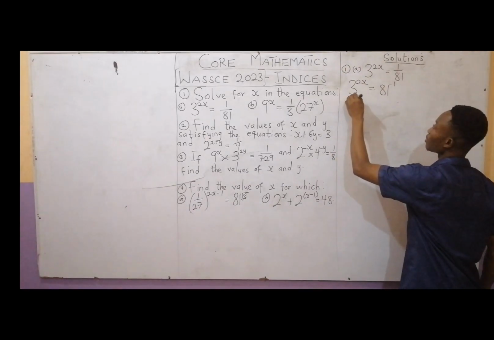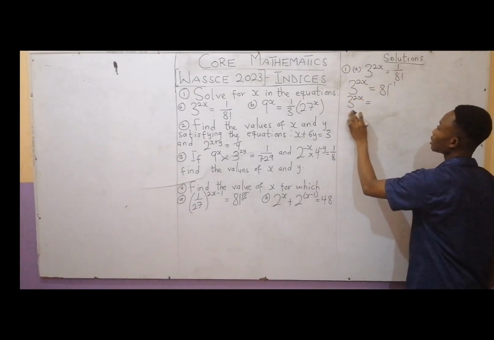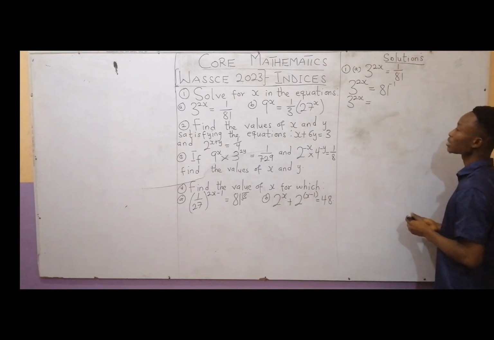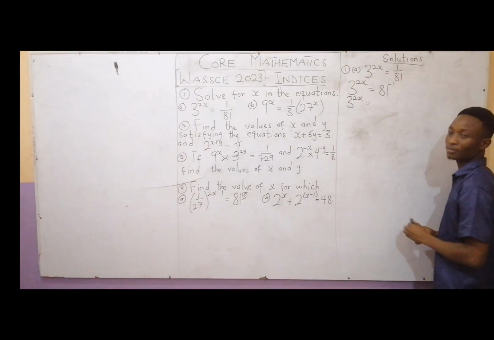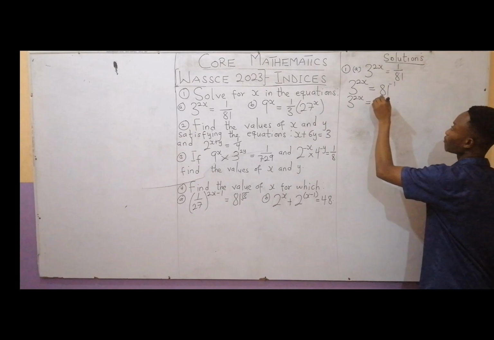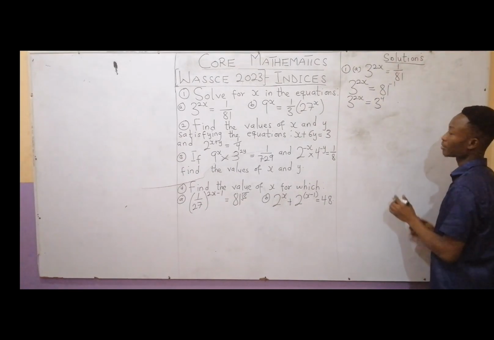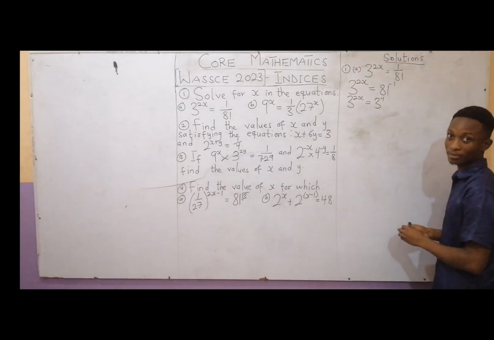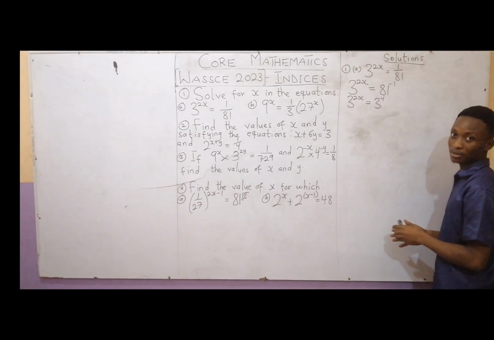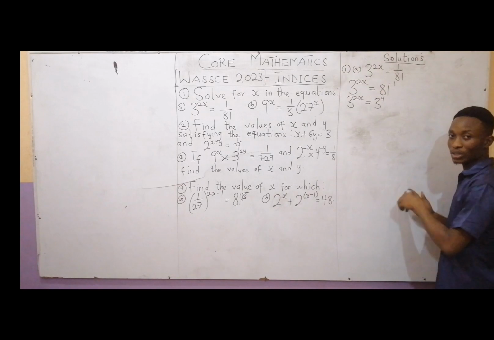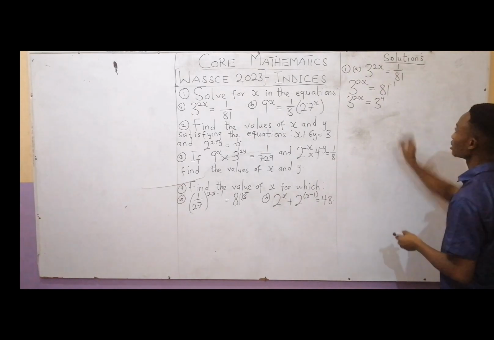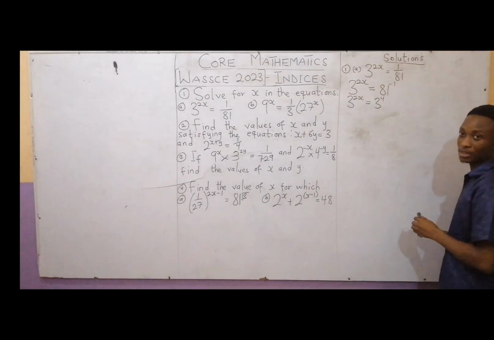So I have 3 raised to the power 2x is equal to, now 3 raised to how many times gives me 81? That is 3 raised to the power 4. Why? Because 3 times 3 times 3 times 3 will give me 81. 3 times 3 is 9, 9 times 3 is 27, 27 times 3 is 81. So this 81 has been expressed this way.